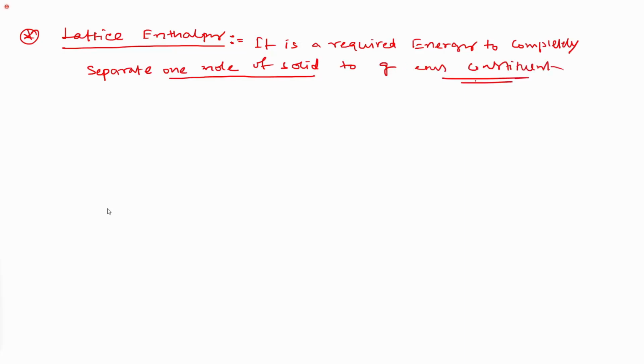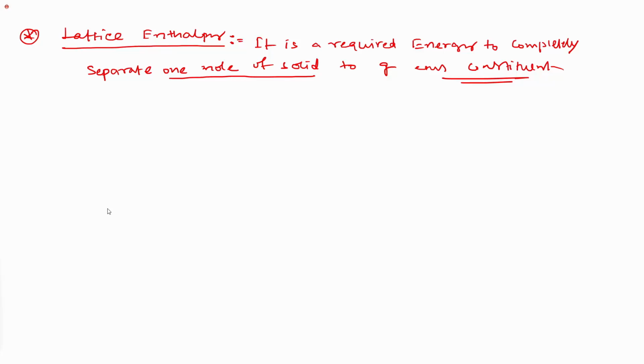So what is the meaning of this line? Lattice enthalpy means some amount of energy which is needed to completely separate 1 mole of the solid into its corresponding gaseous constituents.